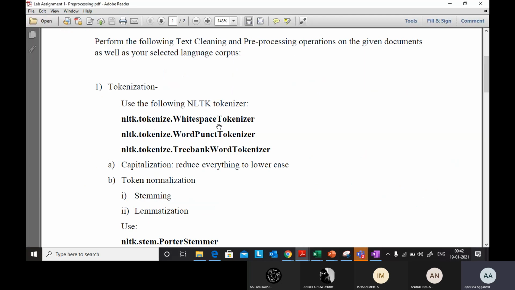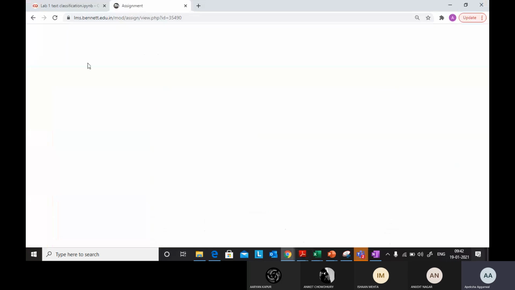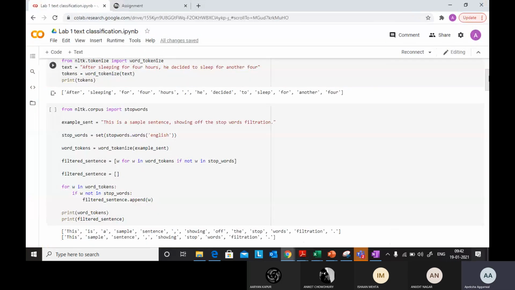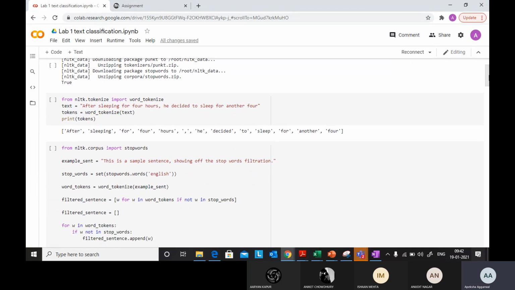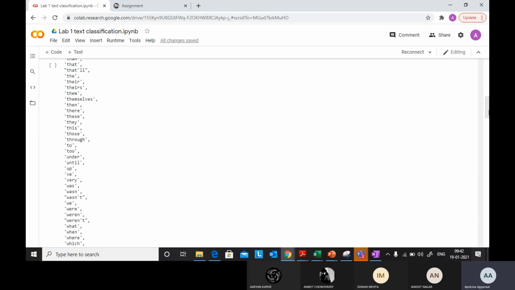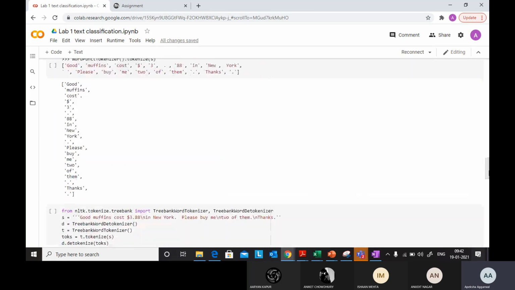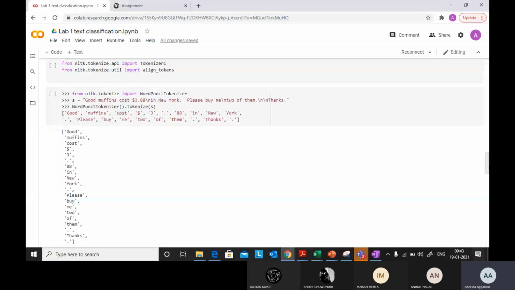For today, you have to run the white space, word punkt, and treebank word tokenizers. I will show you an example over here. NLTK dot word tokenize is the simple one. Let's move on to an example where we have used the word punkt tokenizer.